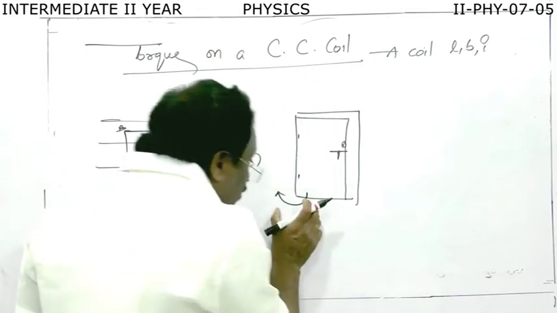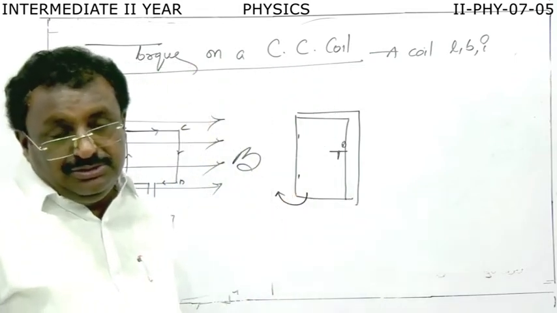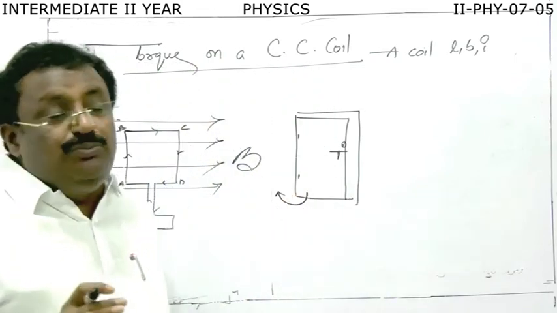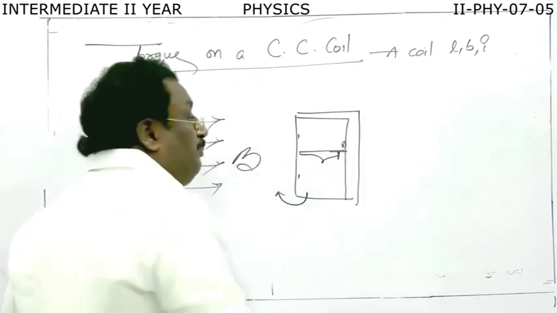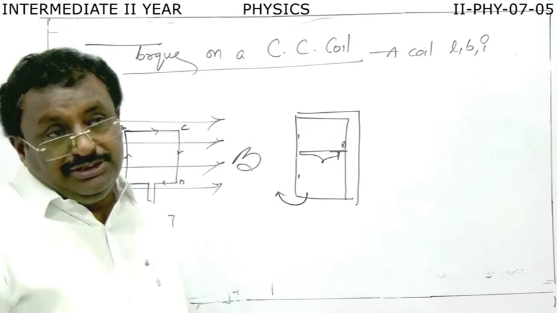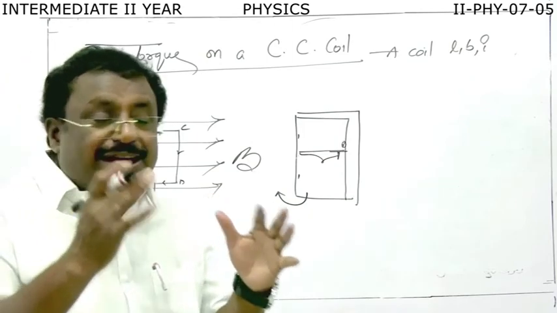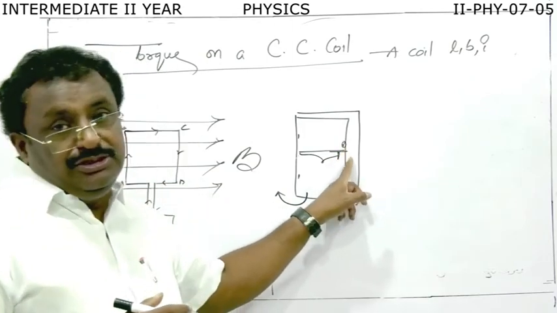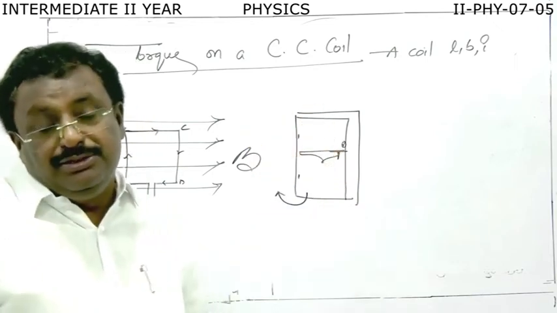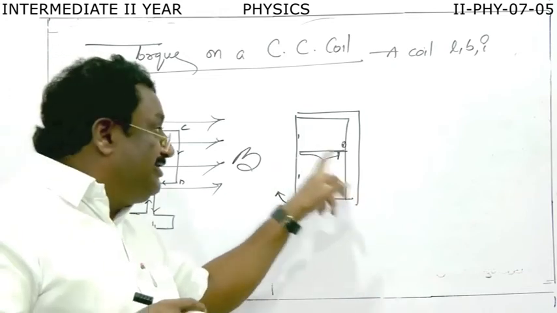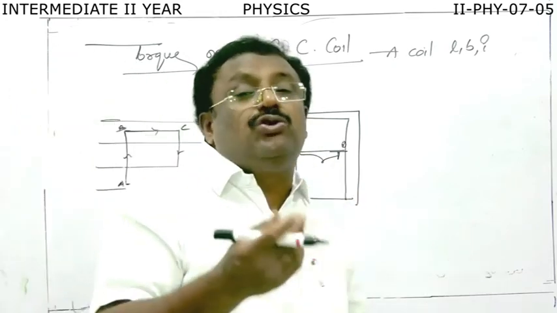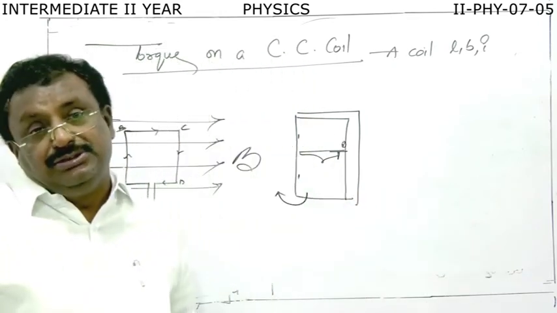And to produce turning effect, along with force, we also require this distance. This is called perpendicular distance. The force is applied at one point, but the line of action of force is at another point. The distance between these two is called perpendicular distance.